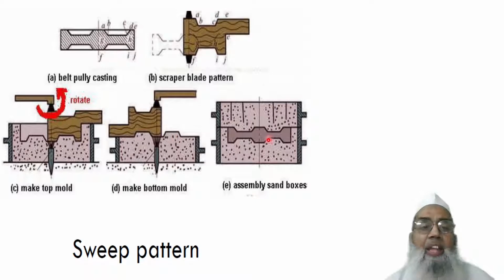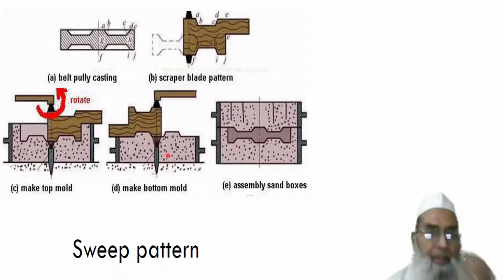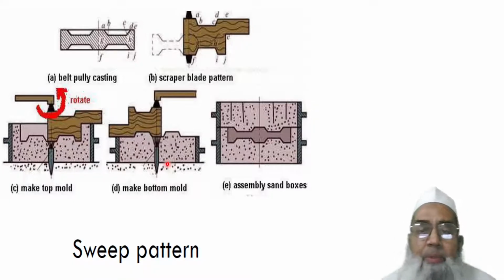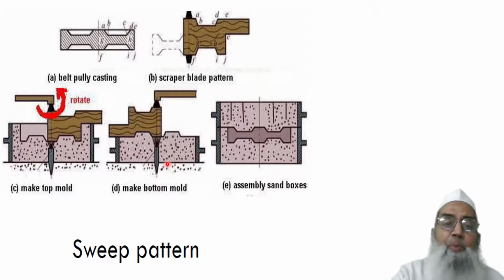This type of pattern is known as a sweep pattern, because we sweep out, scrape out with the help of a scraper blade, the unnecessary molding sand. Therefore, sweep pattern.